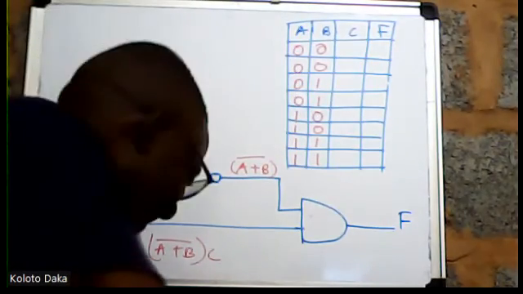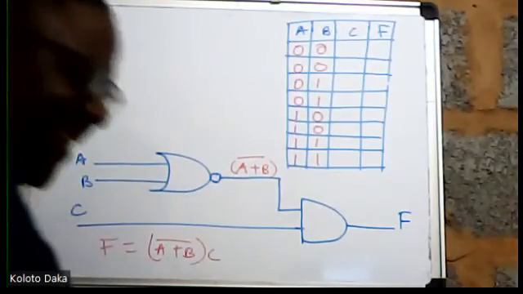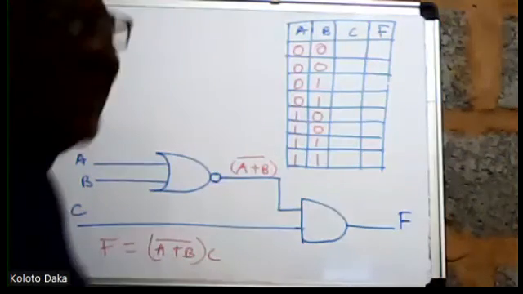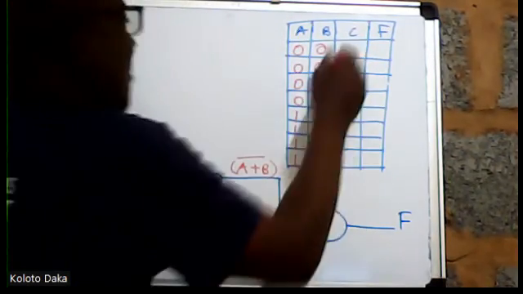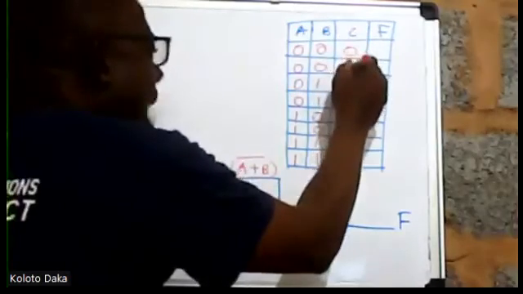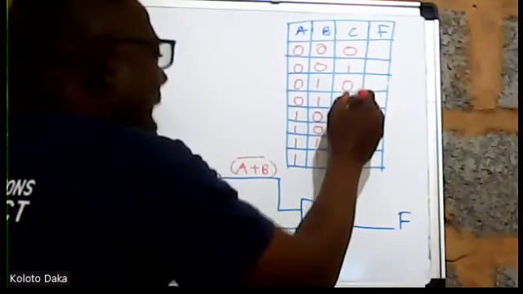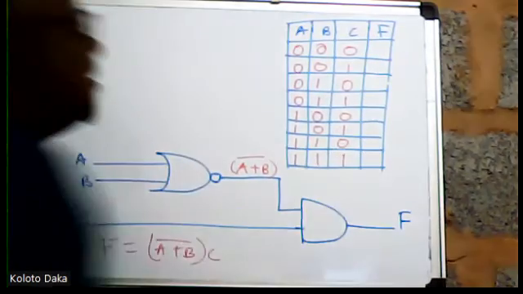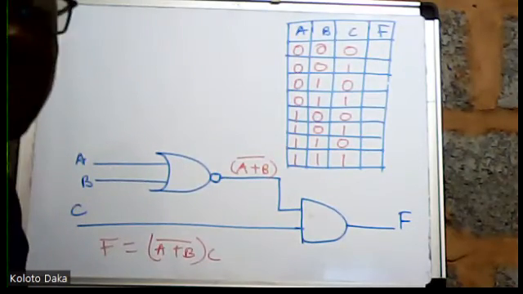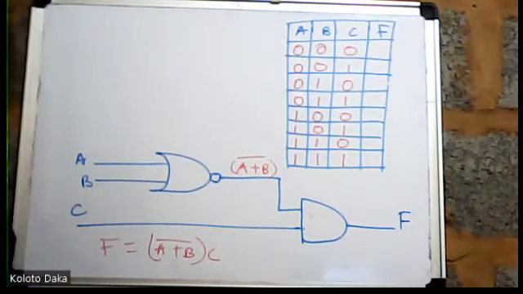So 0, 1, 0, 1, 0, 1, 0, 1. Then we have captured all the possibilities.